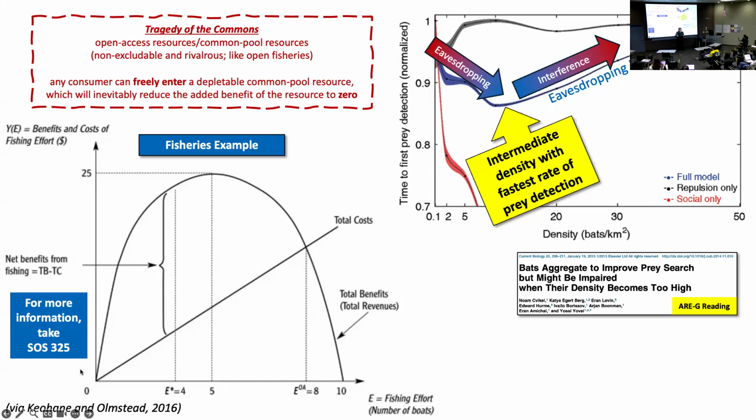You have this problem that if any boat can enter a fishery, then as boats enter, the population dynamics of the fish are such that they start regenerating faster because you start eating the fish and taking them away from their carrying capacity. So they're able to regenerate faster. So you get this rapid regeneration rate with a high number of boats, and you get sort of this optimal number of boats of, say, 4 boats in the fishery.